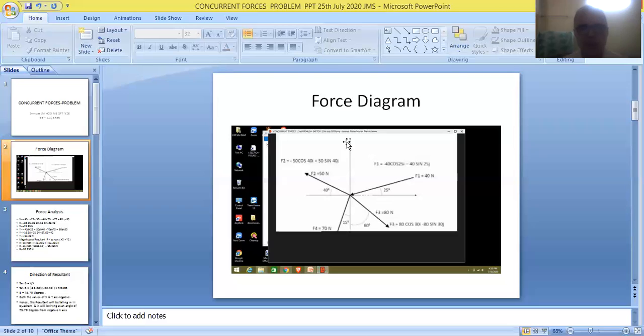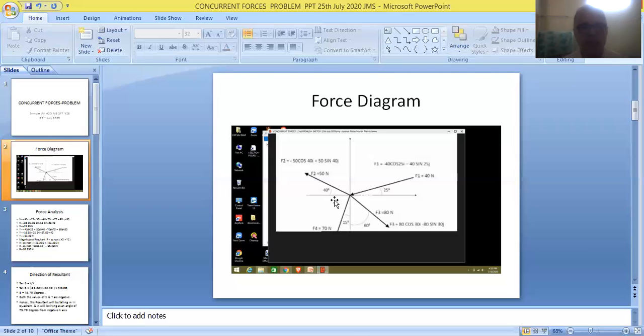This is the positive y-axis, and this is the negative y-axis. So the first force is making an angle of 25 degrees with the positive x-axis, as already given in the problem.